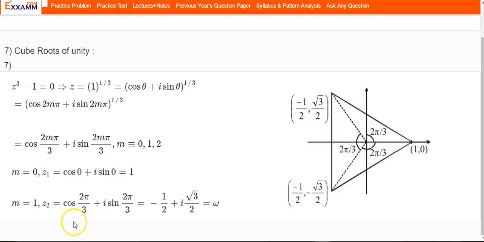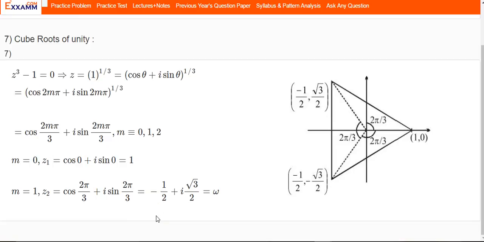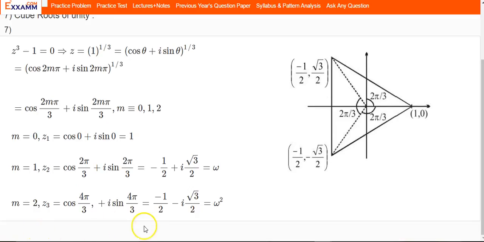But we can also calculate this root by putting m is equal to 2, and we would see that its value comes out as we had predicted earlier. So it is cos 4π by 3, that is π plus π by 3, plus i sin of π plus π by 3. So it is minus 1 by 2 minus i root 3 by 2.